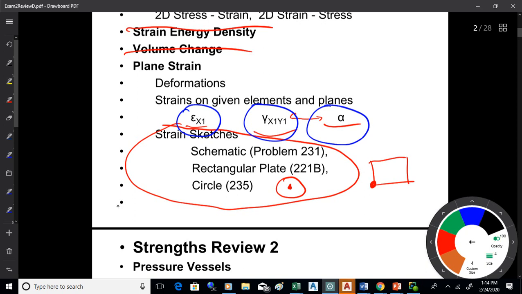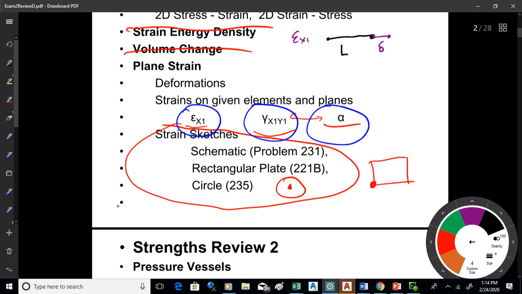So let's say we're at some angle. What we have here for epsilon x1 is, if you have your original line from there to there, the strain would represent the lengthening or shortening of the line. So that would be delta, that would be L, basically.